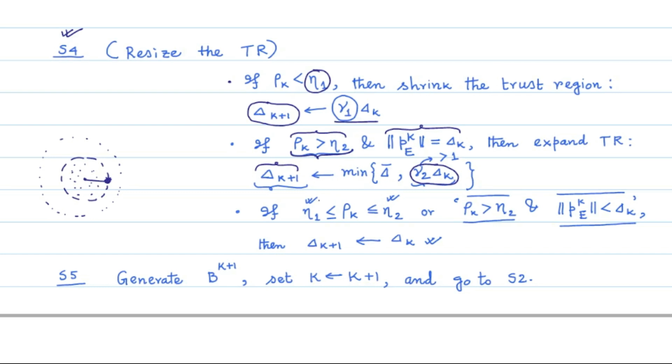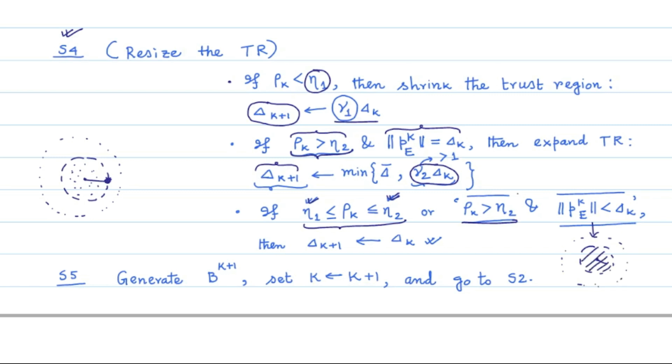But in the case when rho k is lying between the lower threshold and the happy threshold, or when the reduction ratio is bigger than the threshold and the trust region step is still inside the trust region, we do not expect that in a bigger region the trust region step will lie outside the previous trust region.